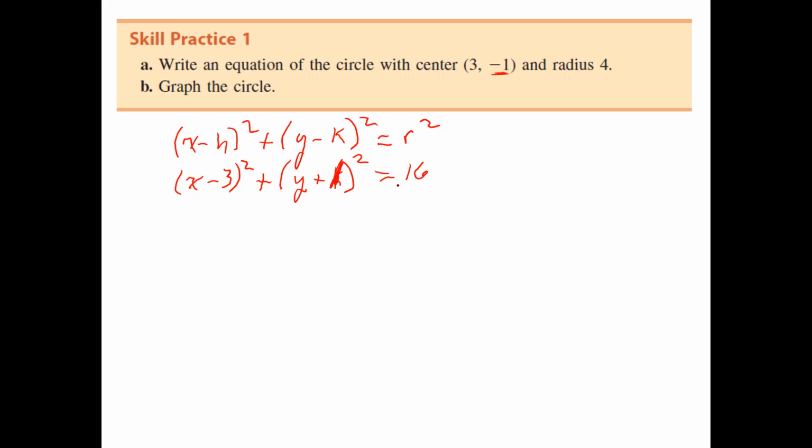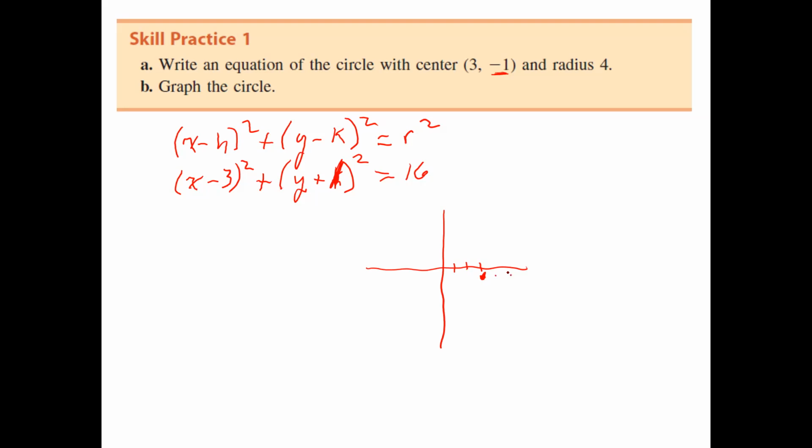Now they want us to graph it. So I have a piece of graph paper. I find the center, 3, -1. 1, 2, 3, -1, right here. Now, my radius is 4.